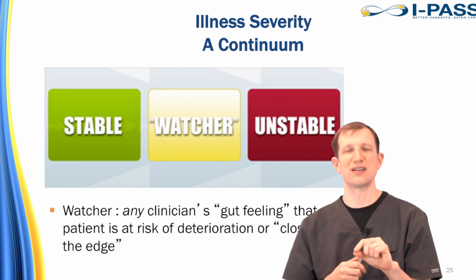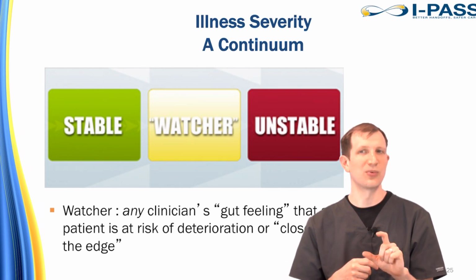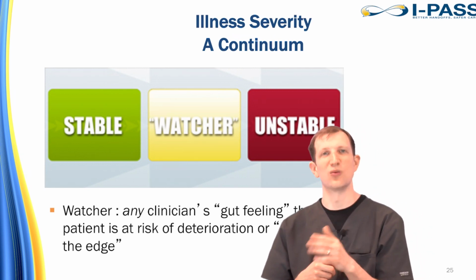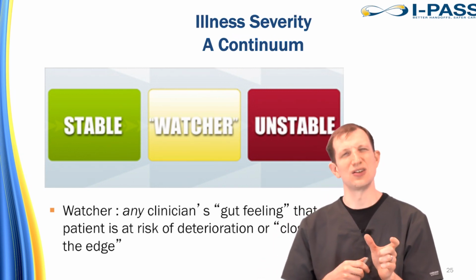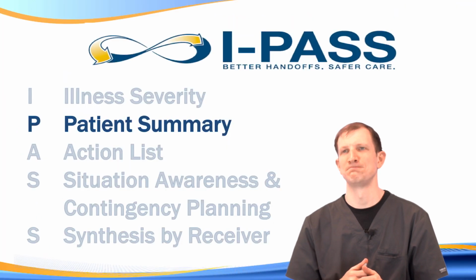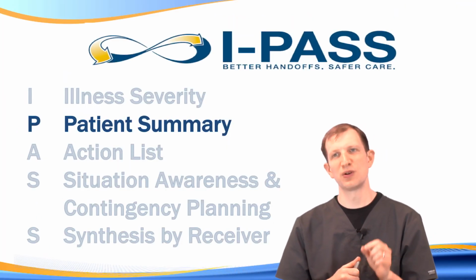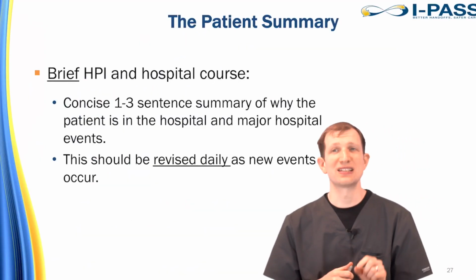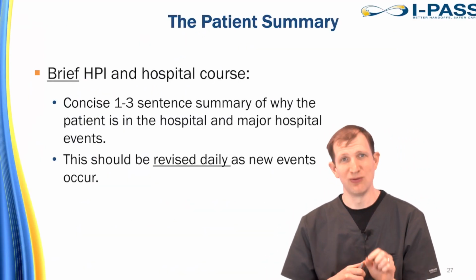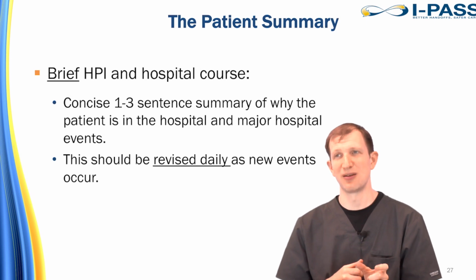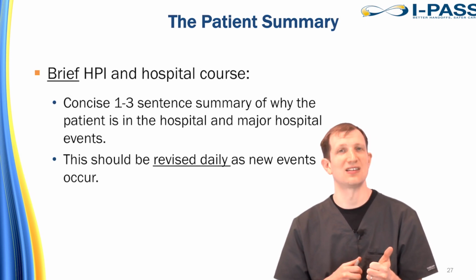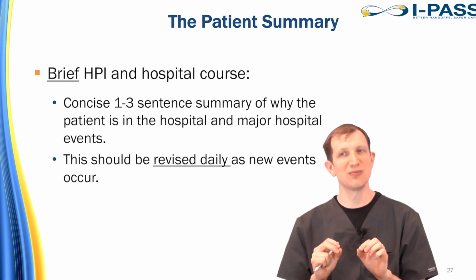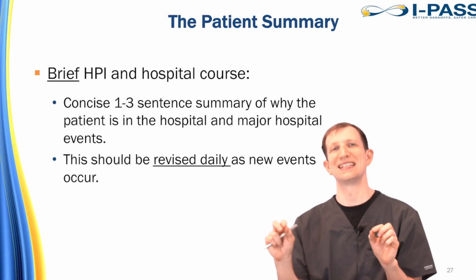Early on, I think it's really important to get your upper levels' perspective on what is stable, what is a watcher, and what is unstable, until you get this lingo down. So once you've put the illness severity, the next is a patient summary. This is a very brief 1 to 3 sentence summary of why the patient's in the hospital and major hospital events to date. Really important is that it is revised daily.